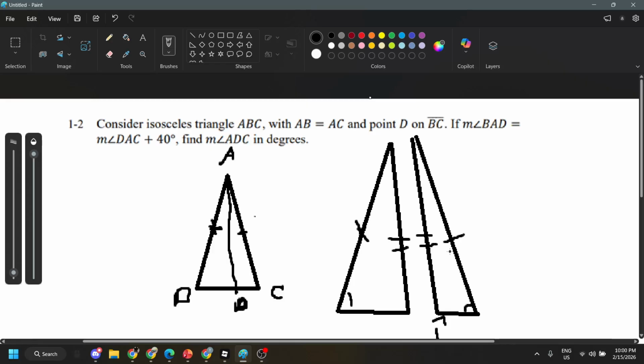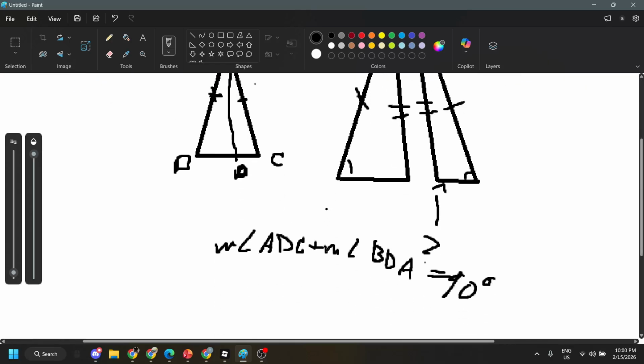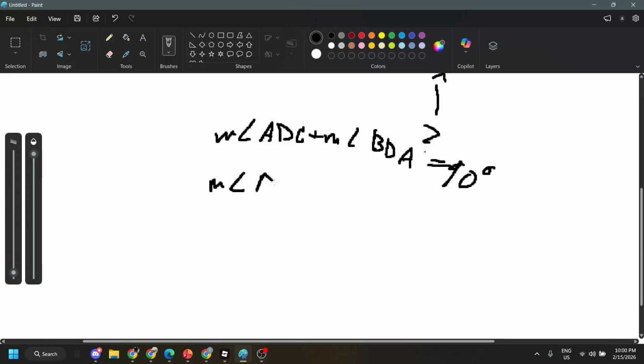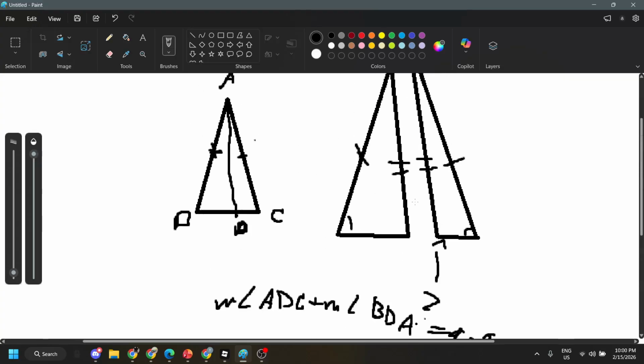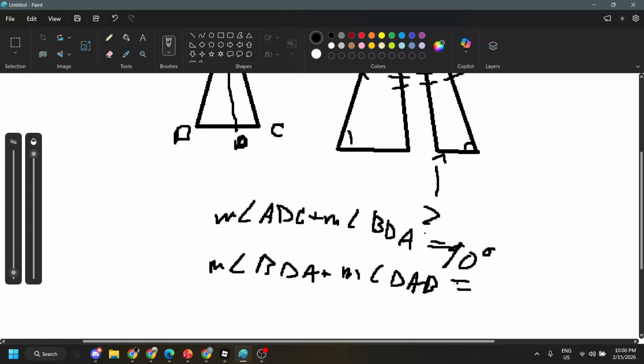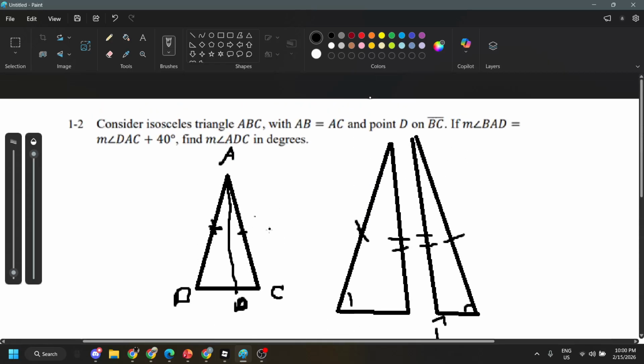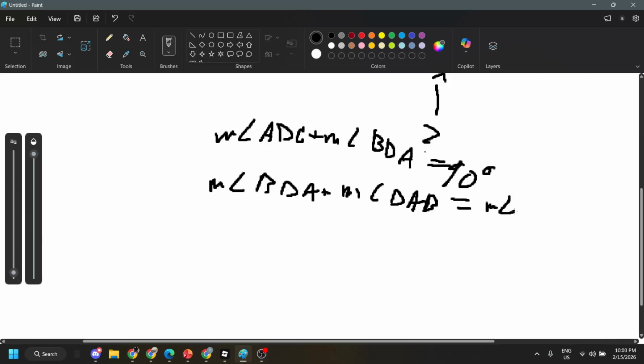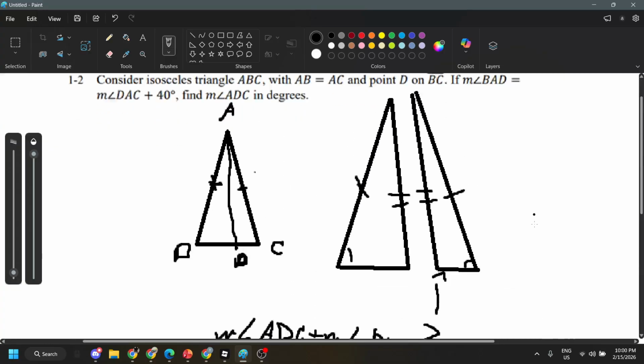Okay, and we also know that the measure of BDA plus the measure of DAB, these two will be equal to the measure of DAC plus the measure of CDA.